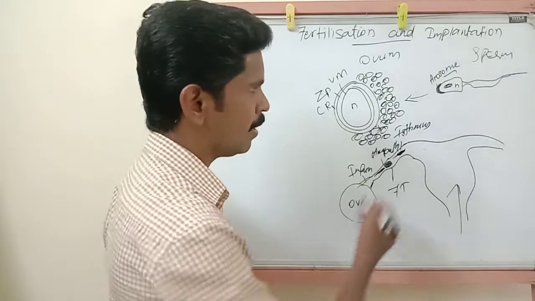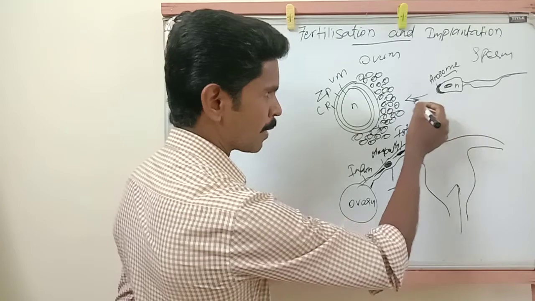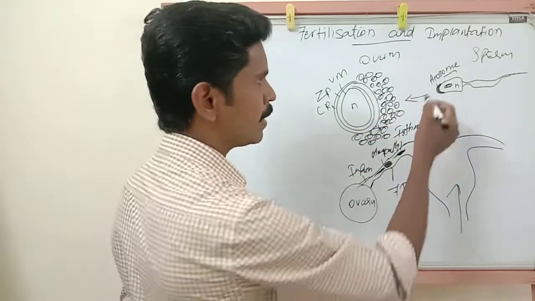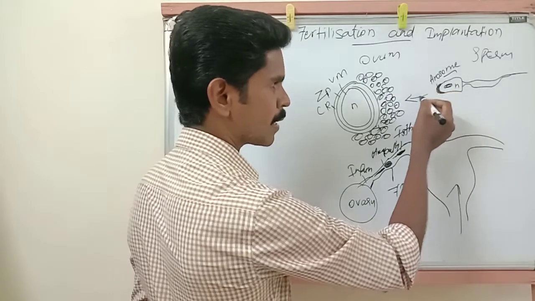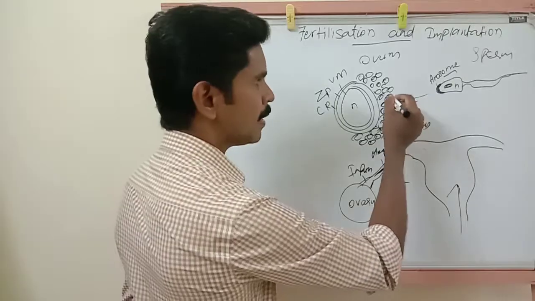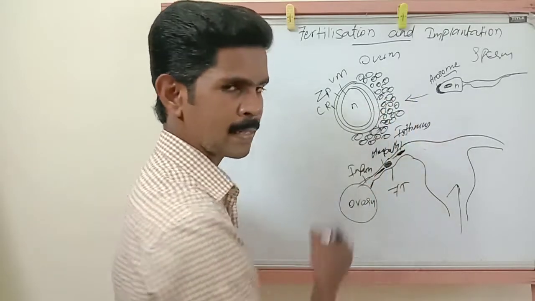Okay, listen very carefully. When the sperm cell reaches the follicular cells of the ovum or egg, immediately the acrosome region of the sperm releases the hyaluronidase enzyme. This enzyme disintegrates these follicle cells.